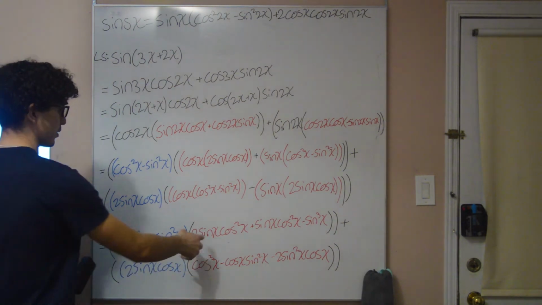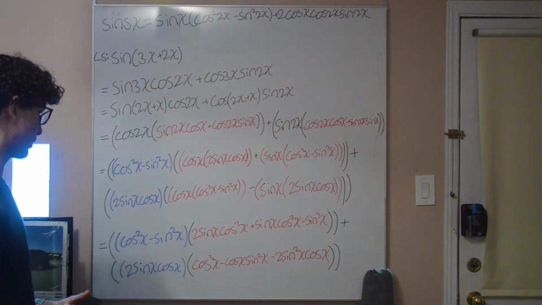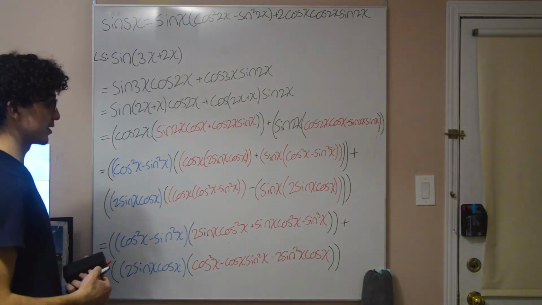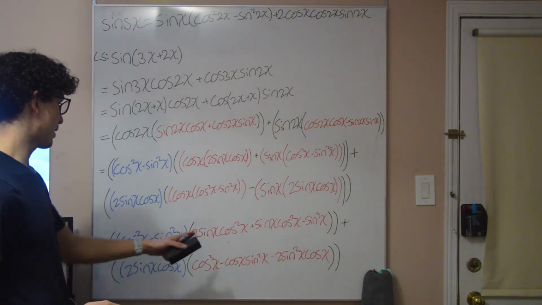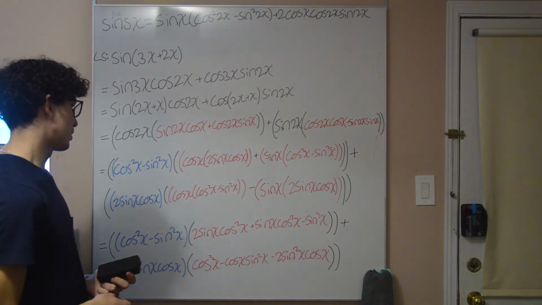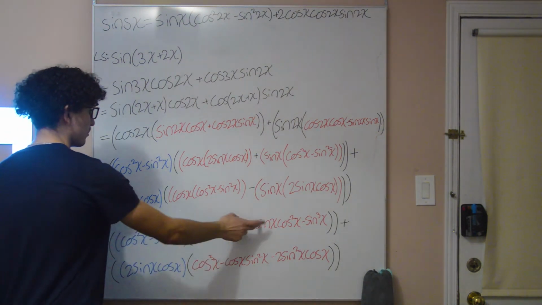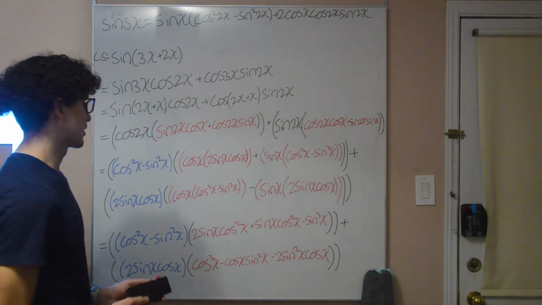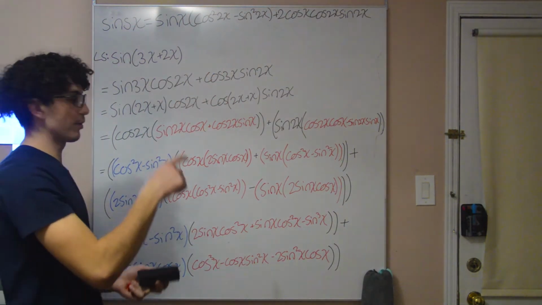Okay, now from here, inside the brackets, just check to see if we can simplify anything. Right there, that can become minus 3 cos x sine squared x, and over here, this can become plus 3 sine x cos squared. From there, let's keep it going. I'm just going to erase this and rewrite it at the top.